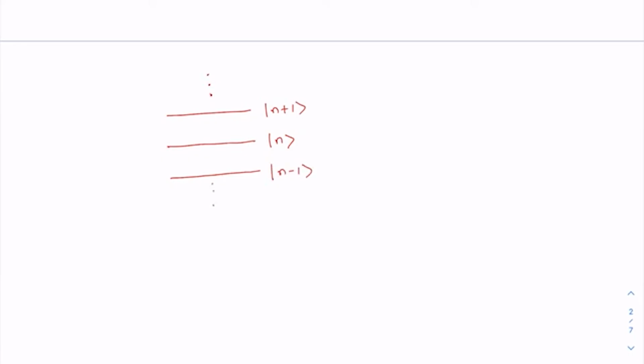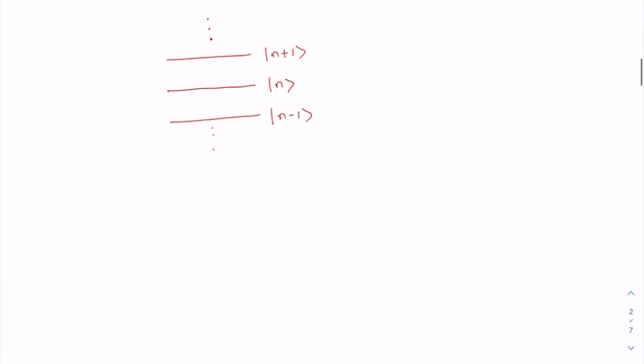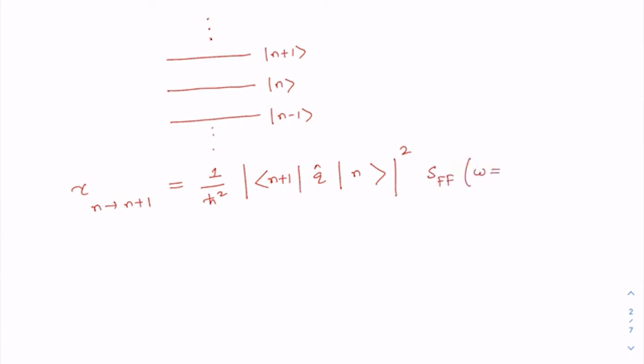Now the rate of transition for the system when it's going from the state n to n plus 1, that is, the system is going in the upward direction, then if I apply the formula, I will have 1 by h-bar squared, modulus, you are going from n to n plus 1, and the system operator here is Q cap, the position operator, then mod square, and S_FF, as per our expression, will have omega equal to E_n, because we are going from E_n to n plus 1.